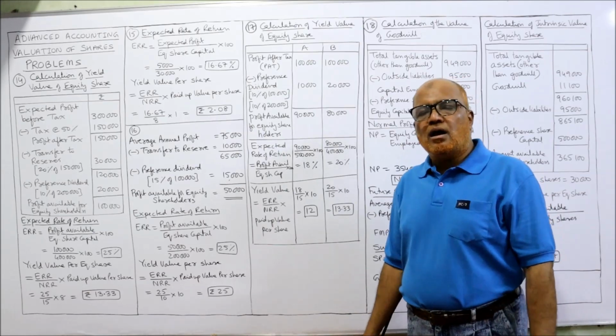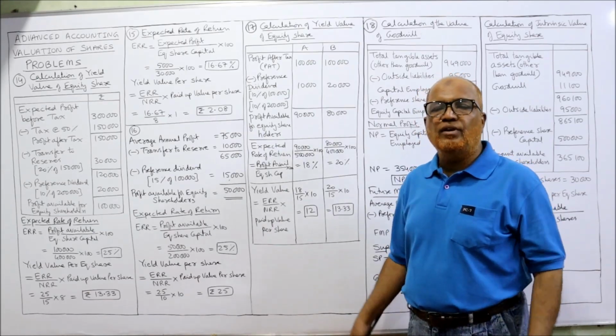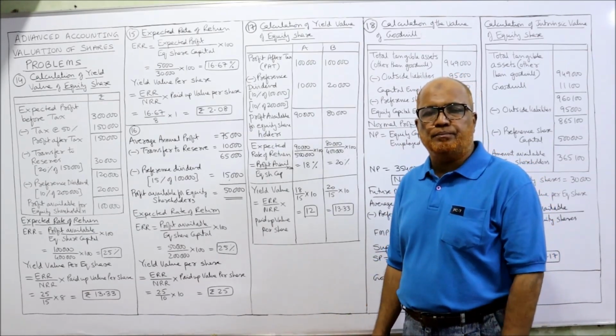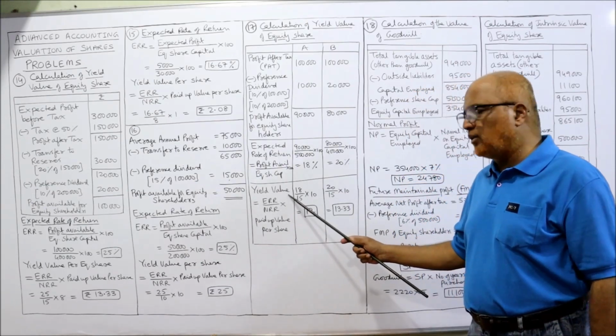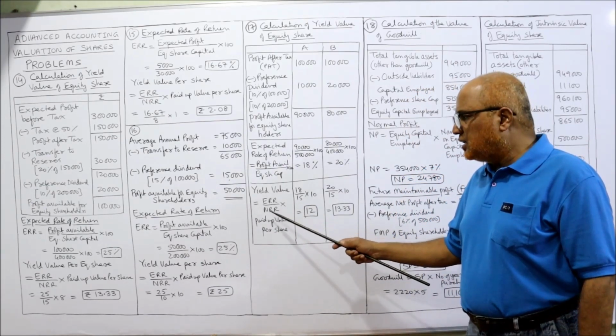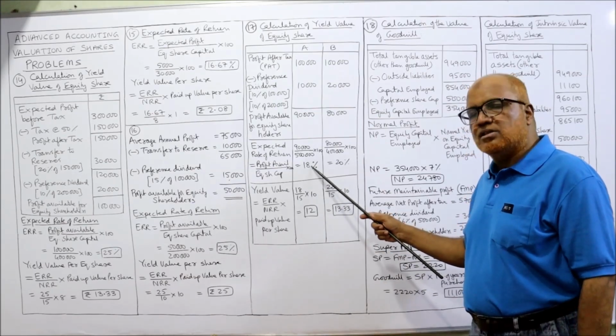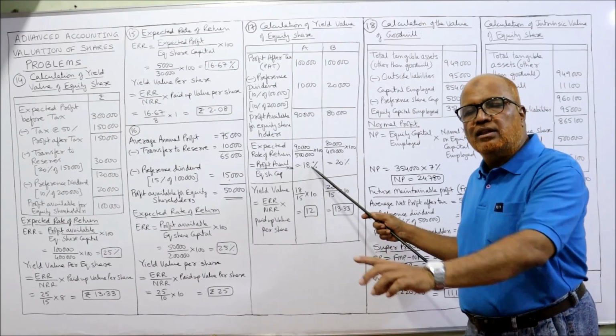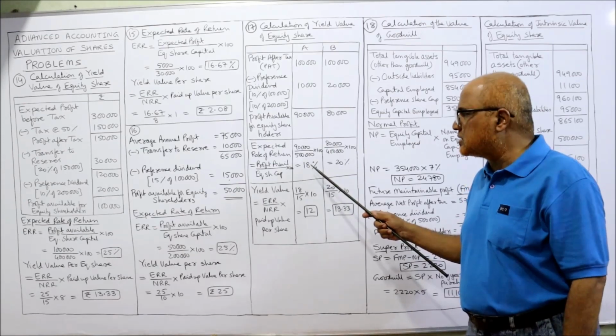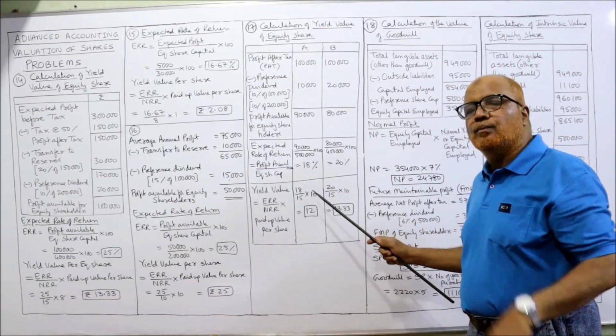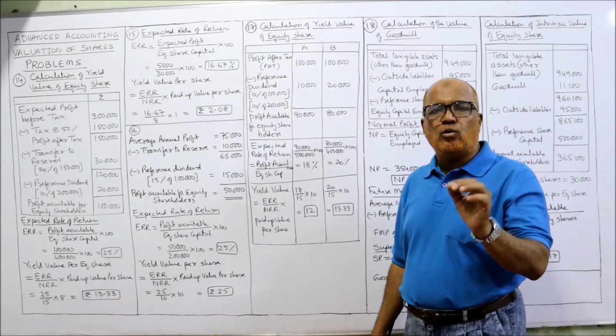We got ERR, we have NRR, we have paid up value per share. Substitute: yield value is ERR divided by NRR into paid up value per share. ERR 18%, NRR given in the last line of the problem is 15%. So 18 divided by 15 into paid up value per share, which is 10 rupees.